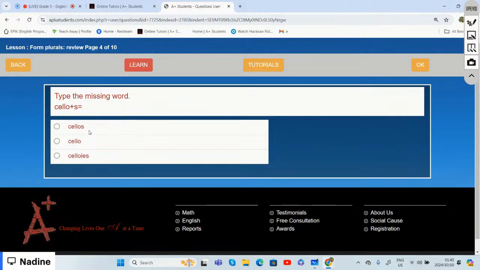And cello plus s, we can say is option one, cellos.